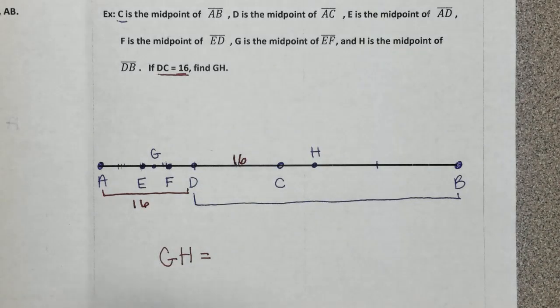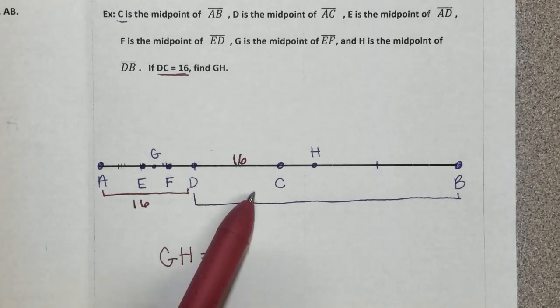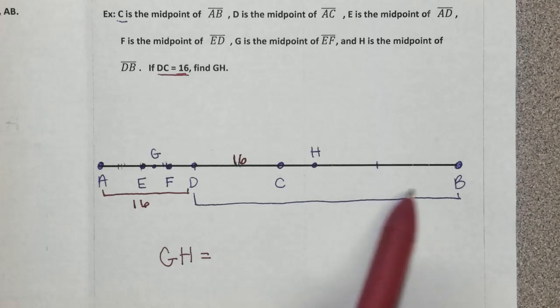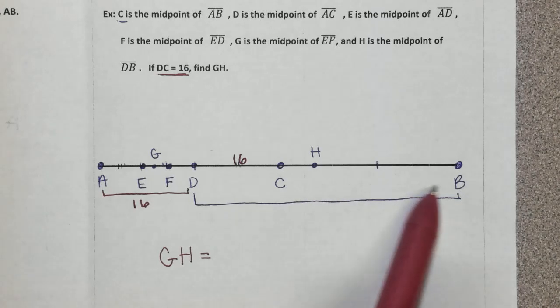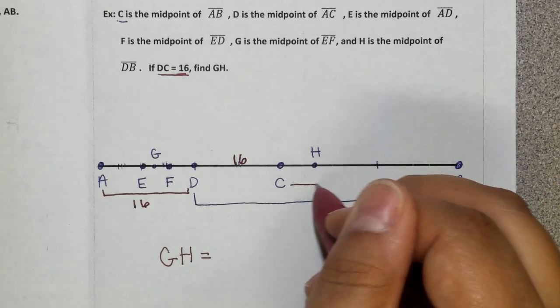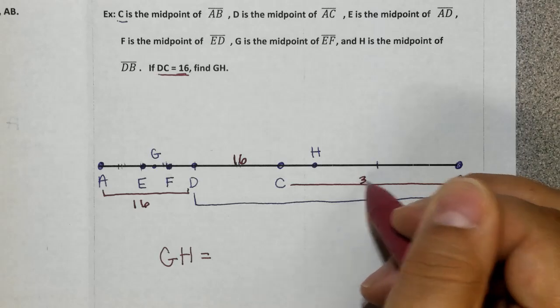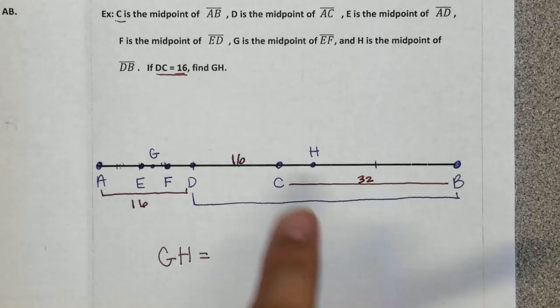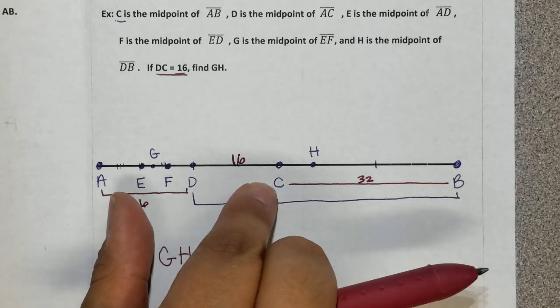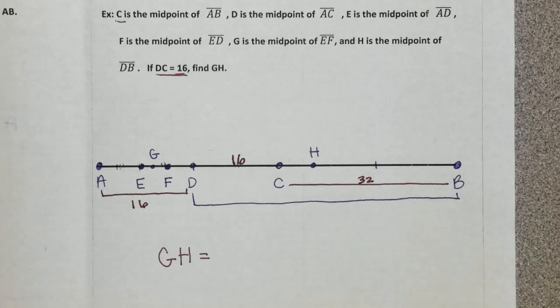Because D is the middle of AC. What about CB then? What's C to B going to be? 32. Does everybody see how that is 32? Because C is in the middle of AB. So 16 plus 16 is 32. This side's 32. Y'all with me? Okay.